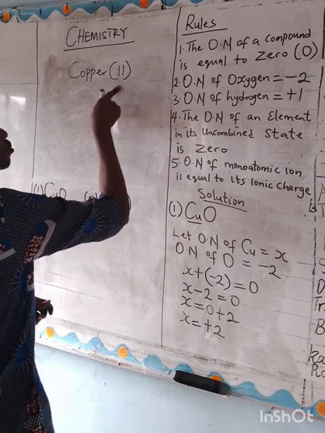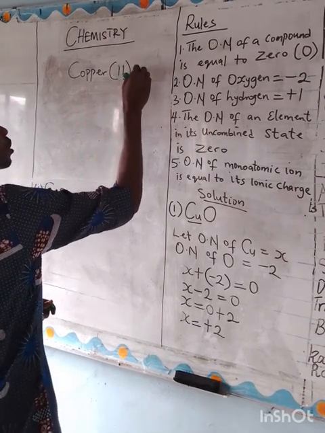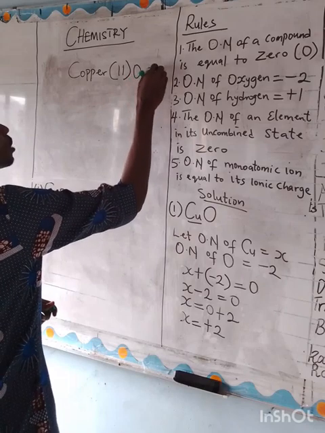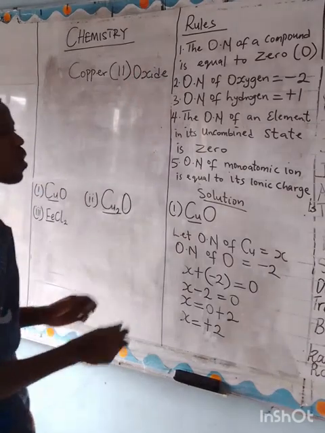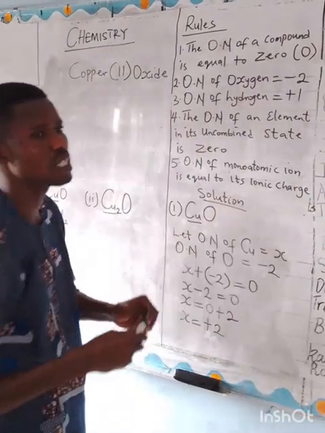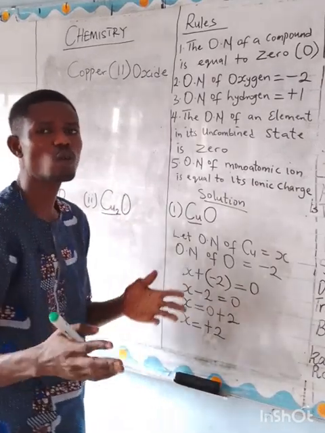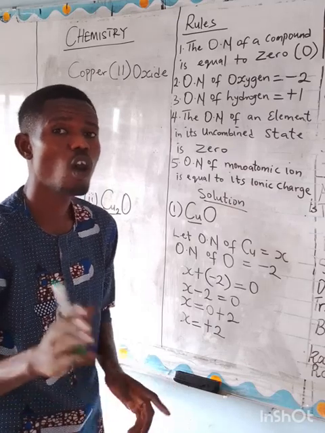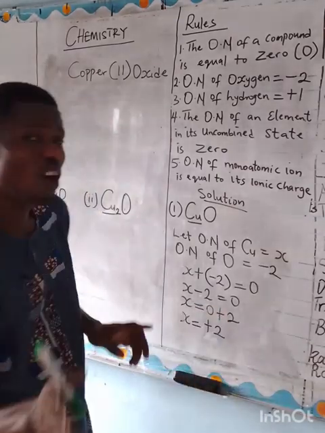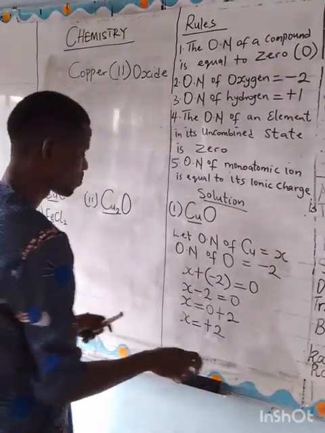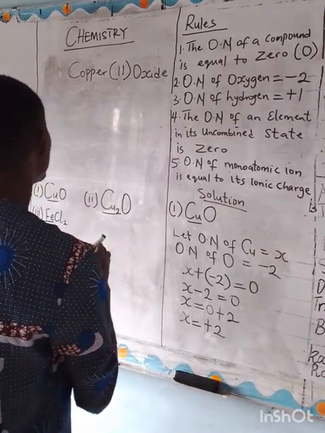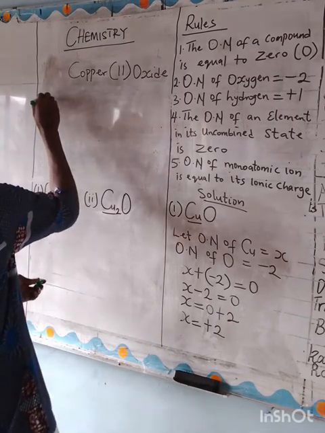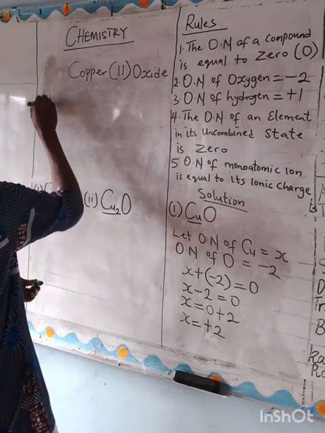Then oxygen is not going to be oxygen again. It becomes oxide. When oxygen is combined in a compound, it's not called oxygen, but it's called what? Oxide. Good.